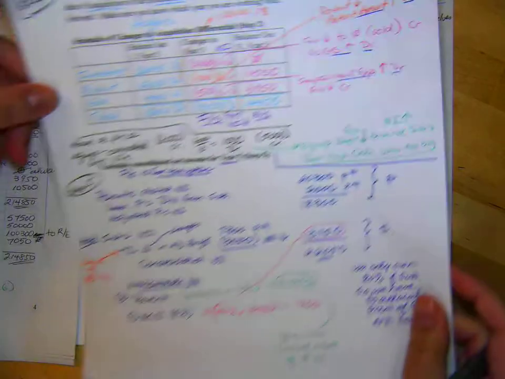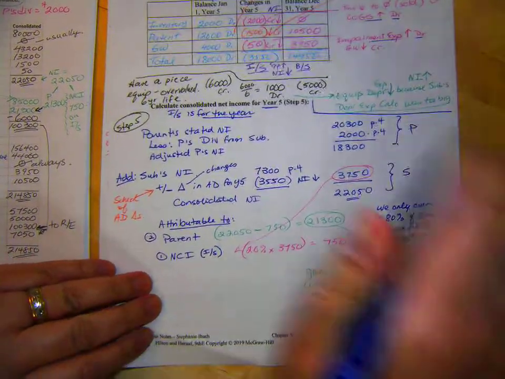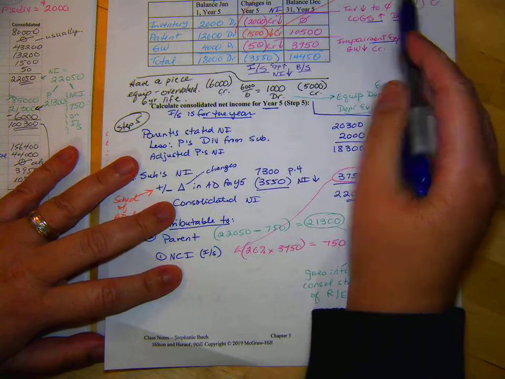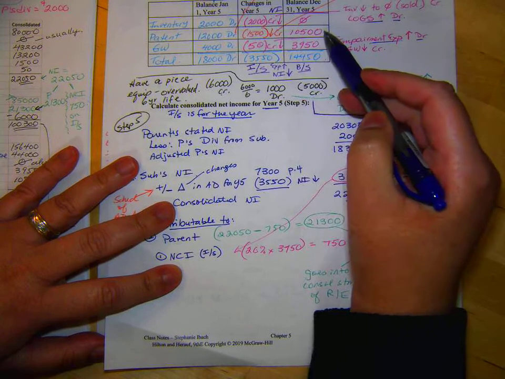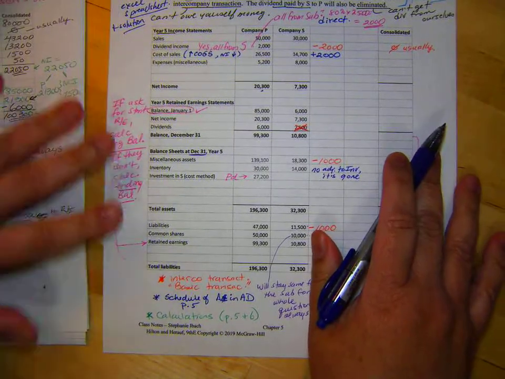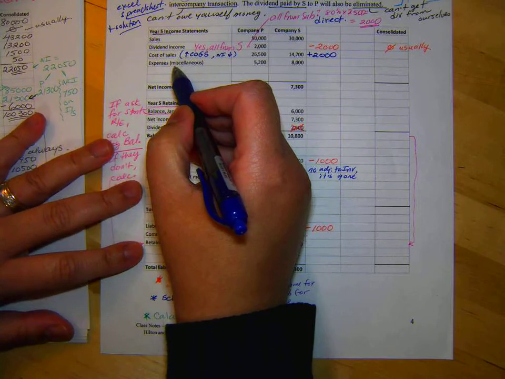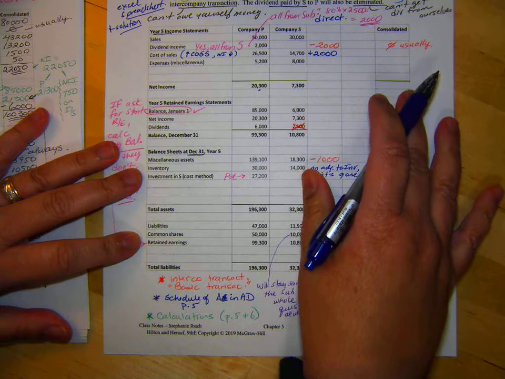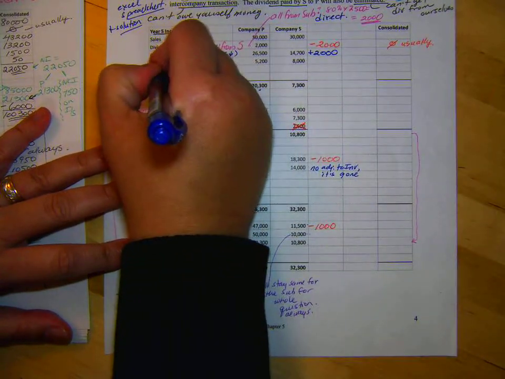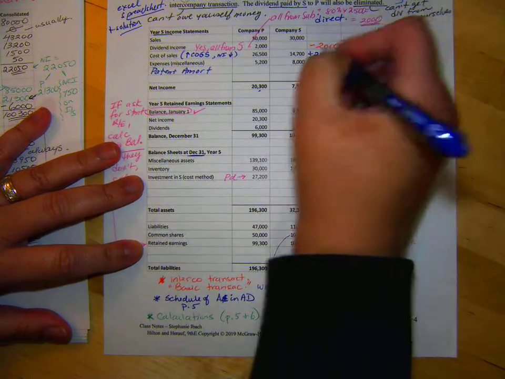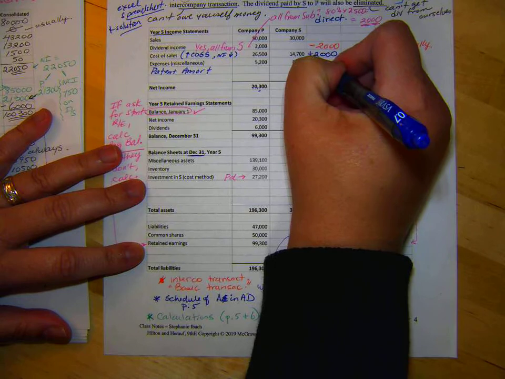Now let's look at the next one down, the patent. Well, we need to record patent amortization of $1,500 and then record a patent balance of $10,500. So now there's expenses miscellaneous, so we could put the patent amortization in there. Just because this is our first try at this, I'm going to list it separately. So I'm going to put amortization, and it is $1,500.